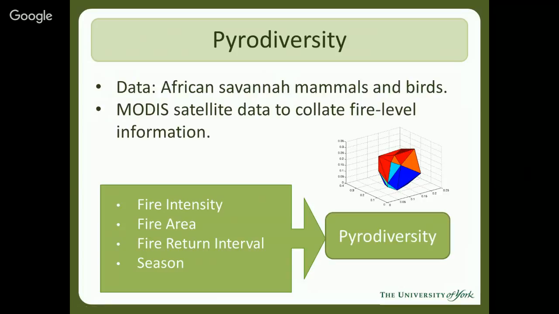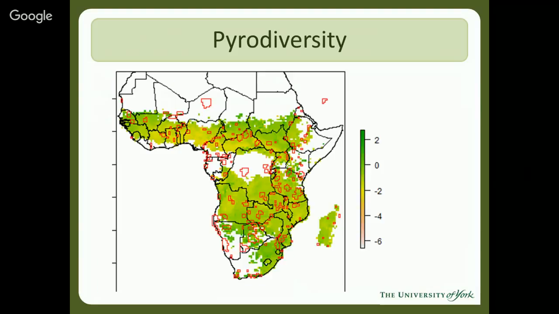You draw a ball in multi-dimensional space within a grid cell and say the fires that have occurred over here in the last 20 years fit within this large diverse area, or sometimes they're all in a little tiny corner where this particular cell always burns in early May, burns every single year, and they're small fires. So that you can measure the diversity on all these different axes. And then once you've got that, you can start mapping it across Africa, which is what we've done.